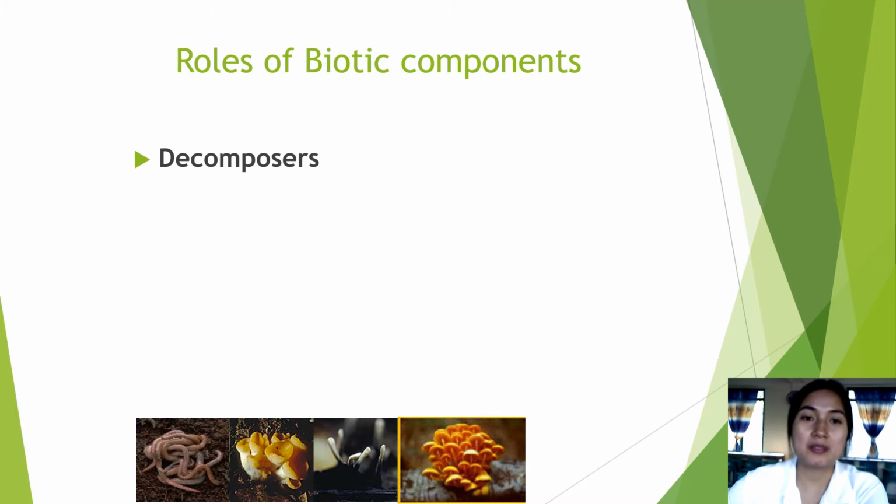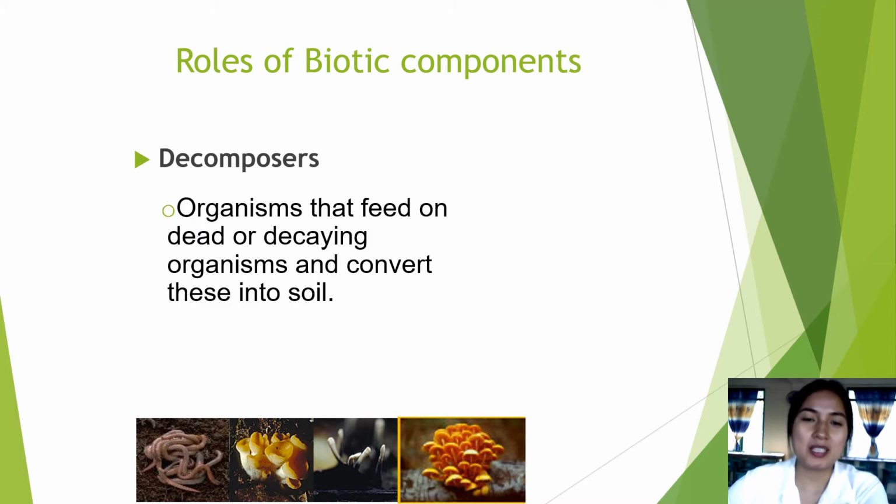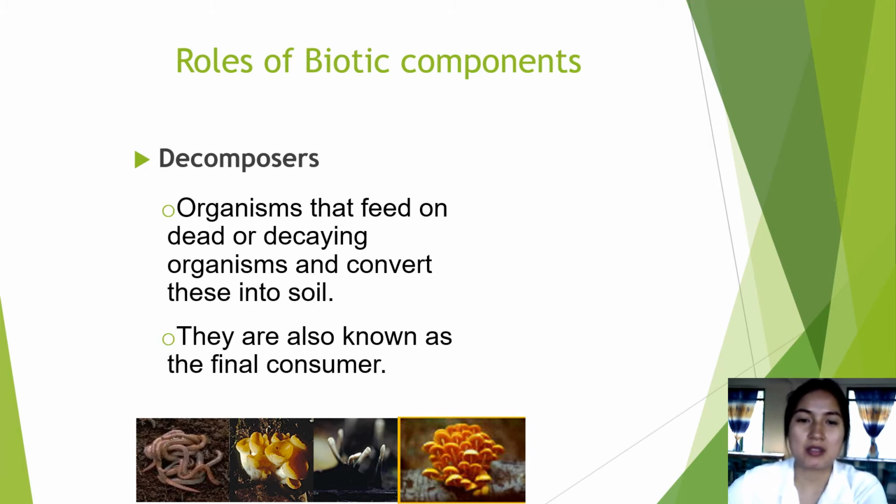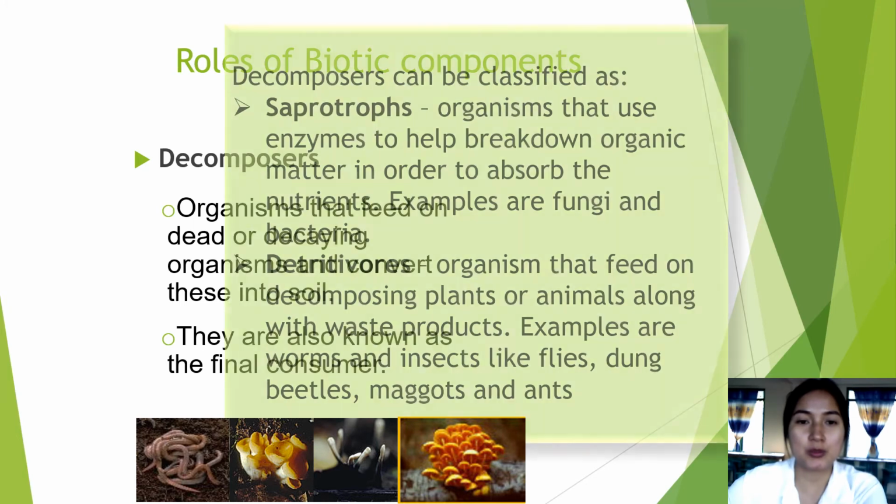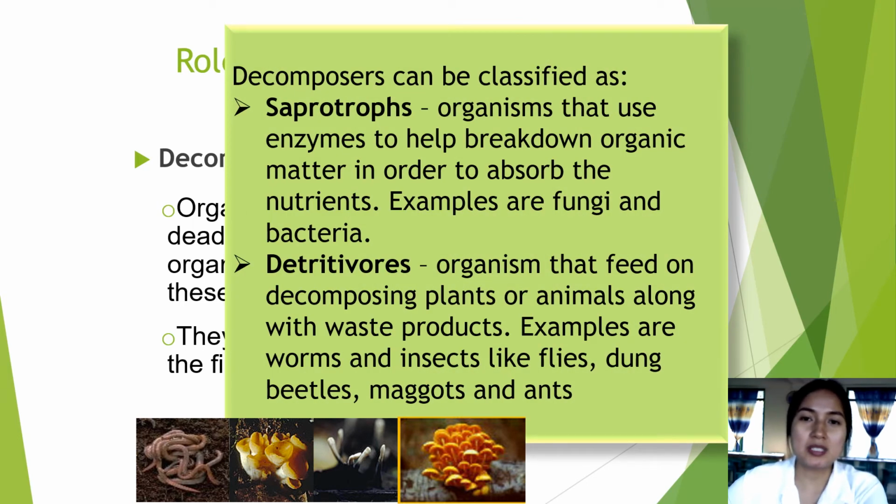Another role, we have the decomposers. Organisms that feed on dead or decaying organisms and convert this into soil. They are also known as the final consumer. Decomposers can be classified as saprotrophs and detritivores. We have the first one, saprotrophs.